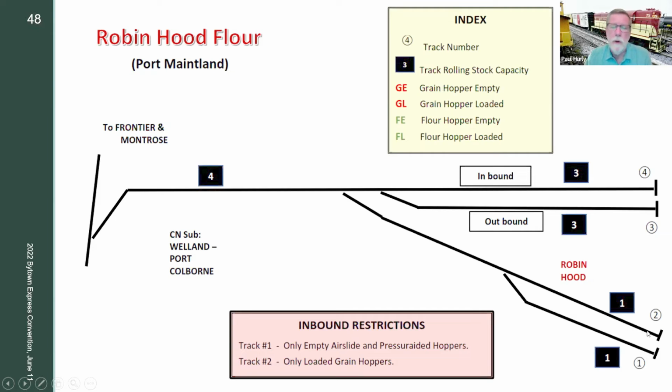There are restrictions on what can be placed on those tracks. So it becomes impossible, if you're following the manifest, to place the wrong car in the wrong place. And here on track 2, which is the unloading facility for grain coming in, I've scratch built an unloading facility in the track work.